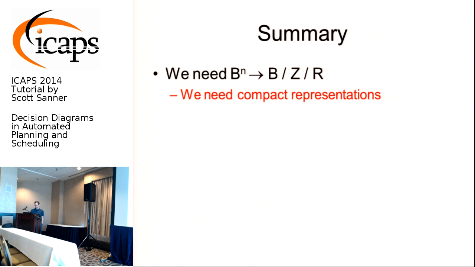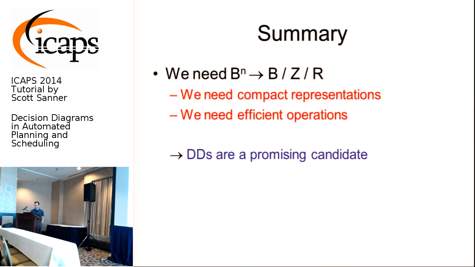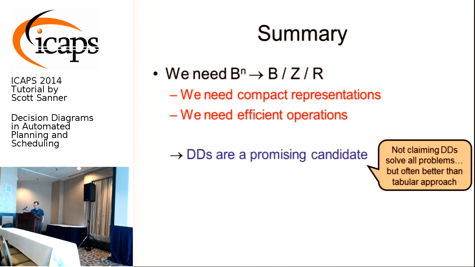Okay. So, for planning, we need compact representations of these functions with Boolean, integer, or real-valued ranges. We need efficient operations. Decision diagrams are quite a promising candidate. There are cases where tables won't get off the ground, but you'll get quite far with decision diagrams, and many people realize this. I'm not claiming that decision diagrams solve all problems.